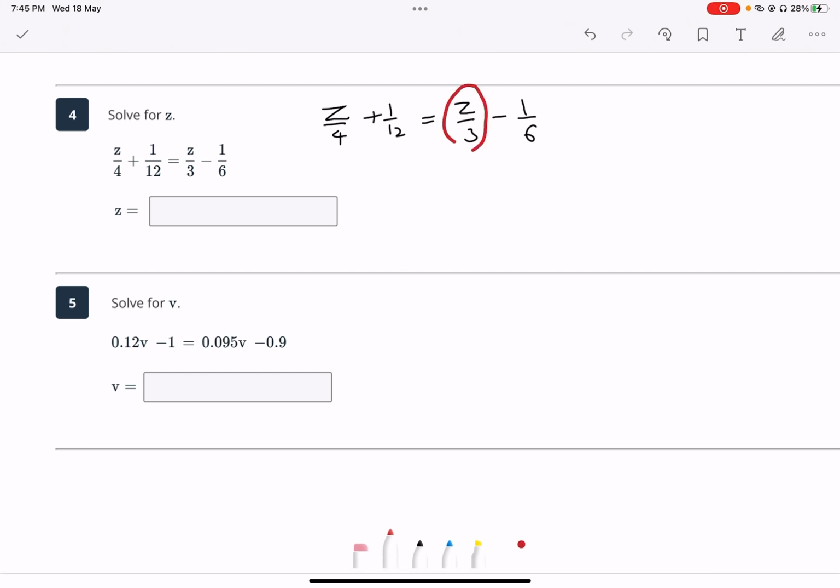The z over 3 will come to the left side, so that will make it z over 4 minus z over 3 equals negative 1 over 6 minus 1 over 12. Now do the butterfly method here. If you are okay with it, solve it. If you are not okay, please leave this. We are not finding this in the exam tomorrow.